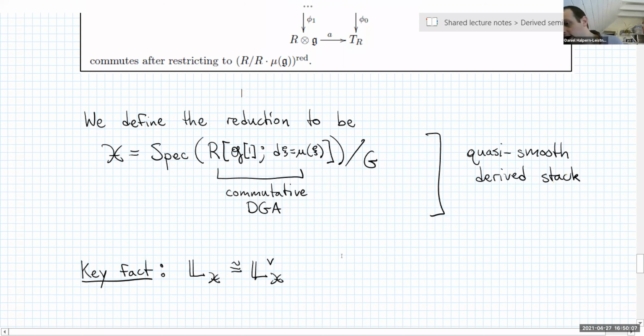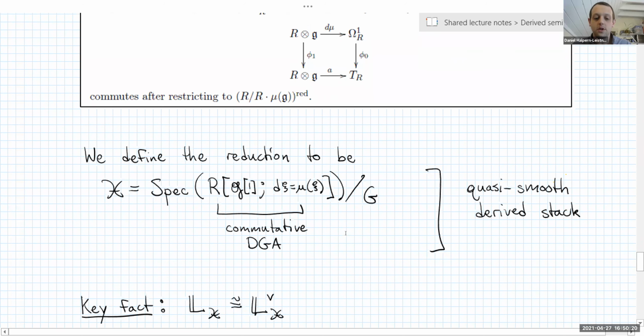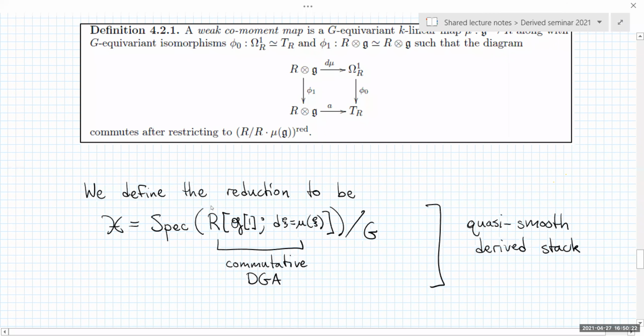So the key fact here. Is it correct that if the fiber of the moment map has expected dimension, then this is just equivalent to the fiber? Yes. That's a general fact about this Koszul complex: if it has no higher homology, it's the same thing as saying mu inverse of zero.